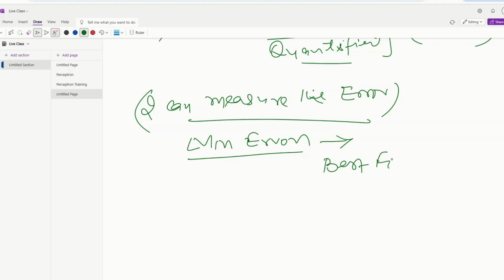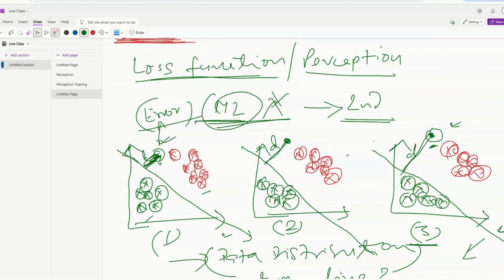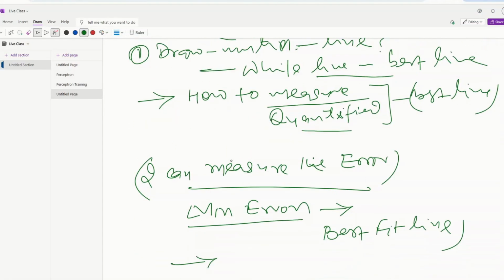This way I can quantify, or calculate, or measure my error, and I can make a statement that this is the straight line giving the minimum error, and I will consider it the best fit line.